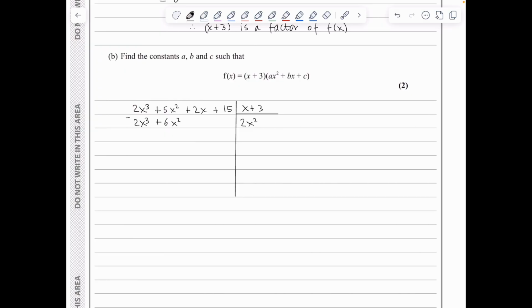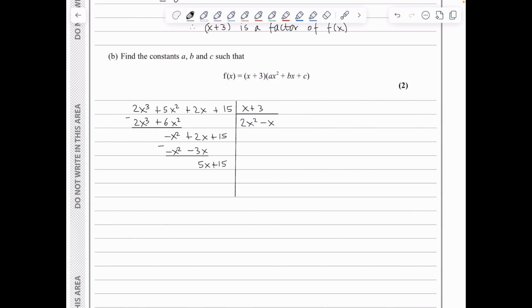I deduct. So the 2x cubed term will cancel out, and 5x squared minus the 6x squared will give me minus x squared plus 2x plus 15. So I need a minus x here, taking me to minus x squared minus 3x, and I deduct once more, taking me to 5x plus 15.